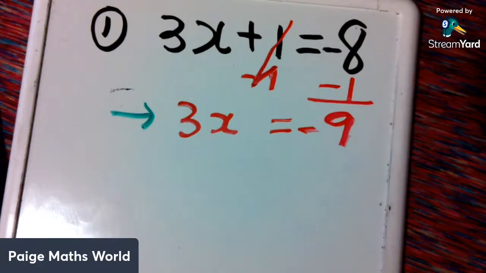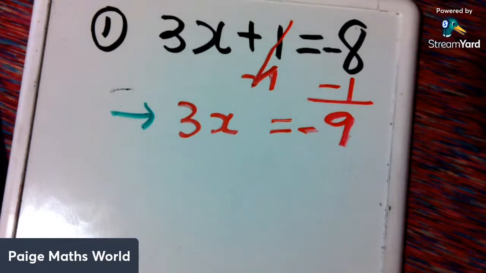I'm seeing answers, but I never asked you for the answers, guys. I want to know, what do I do? If I have 3x equal -9, which operation would I go through? Which operation would have an effect on this?